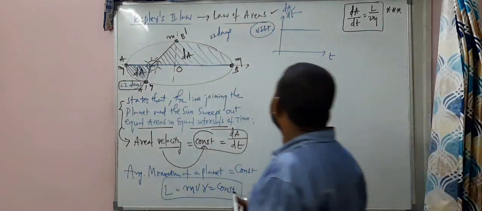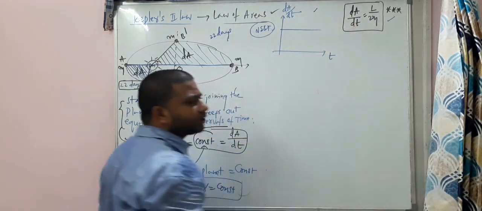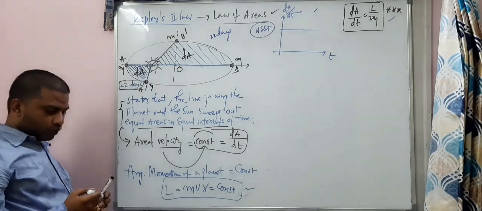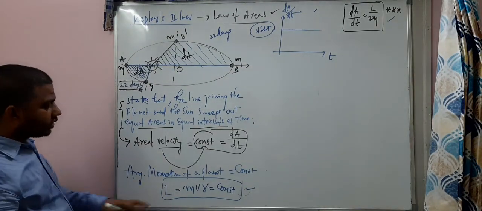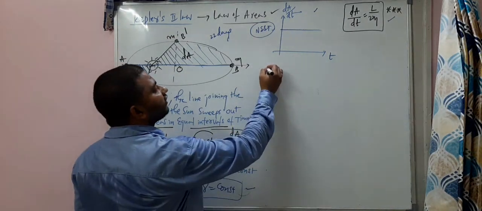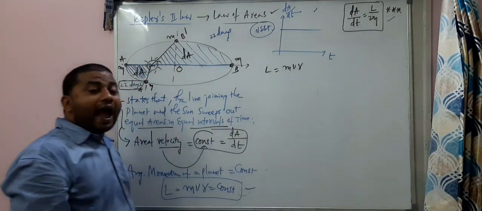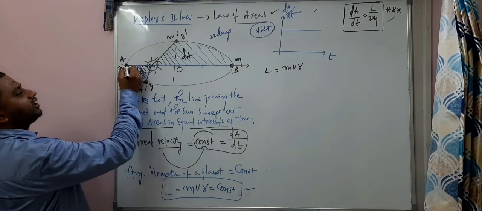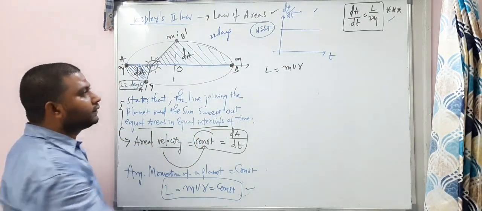Okay? So after that, this is one important formula and this is one important graph and this is another important formula here. Alright, now coming back to L is equal to mvr, which is constant. So if I write L is equal to mvr, angular momentum of a planet at two positions, at this point, it's constant, I said, right?